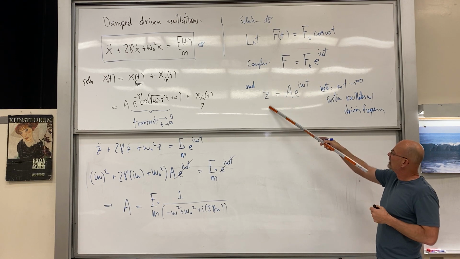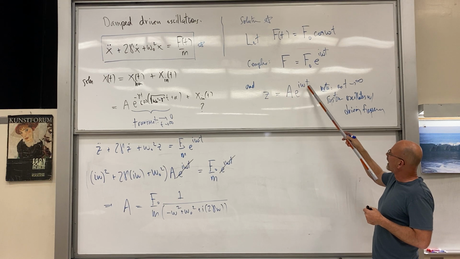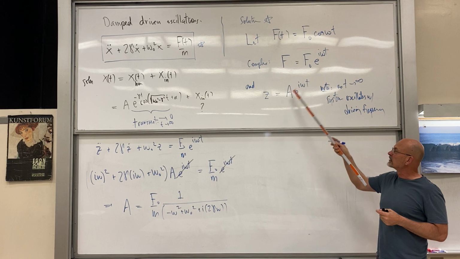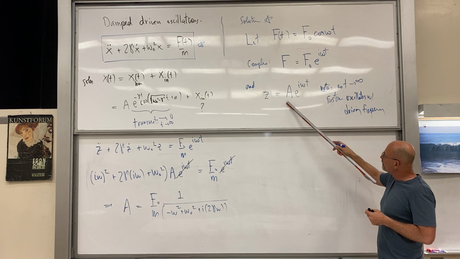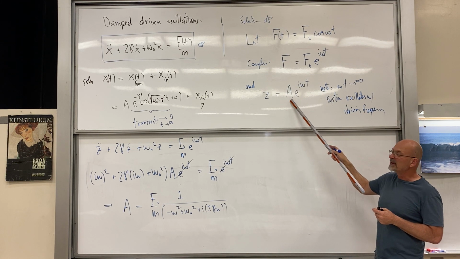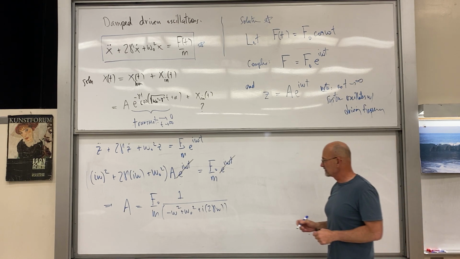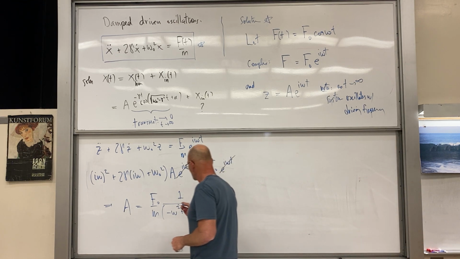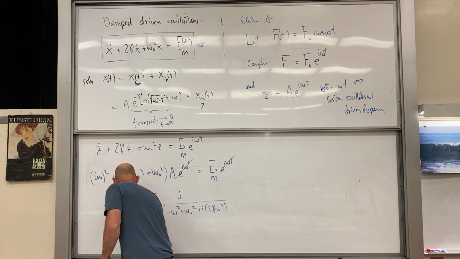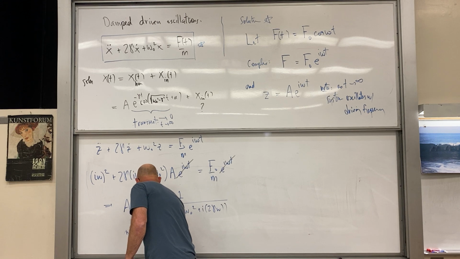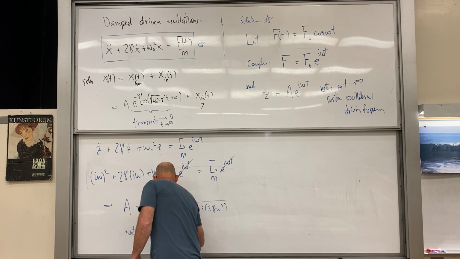So right now, z is a e to the I omega t, we know that we would have a cosine omega t here, that's fine. So we need the real part of the amplitude. Find the real part of the amplitude.